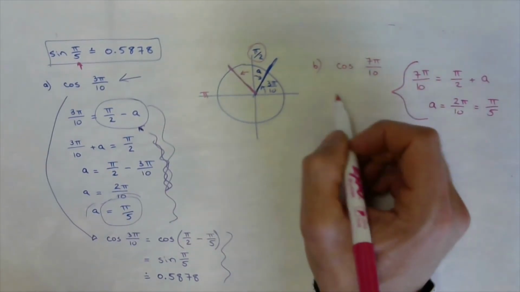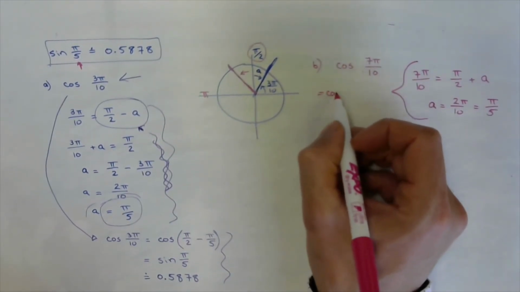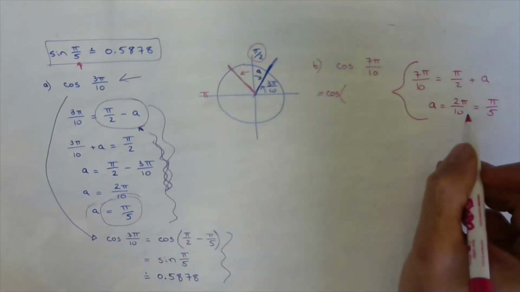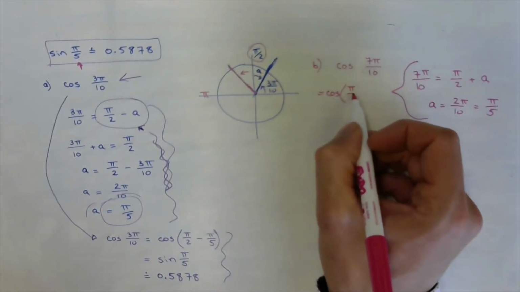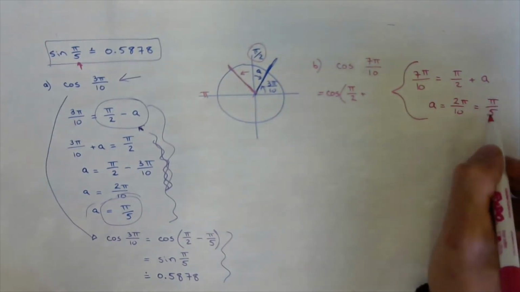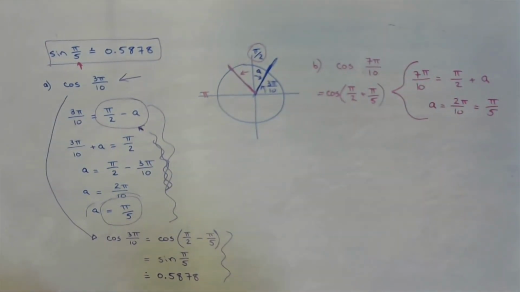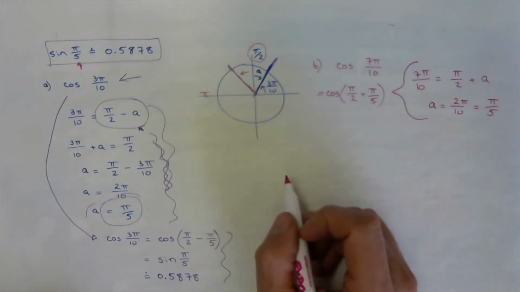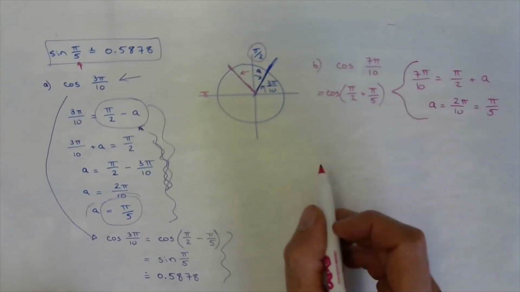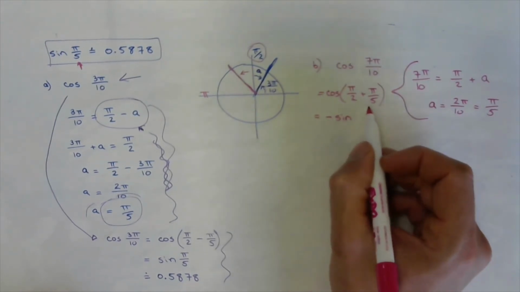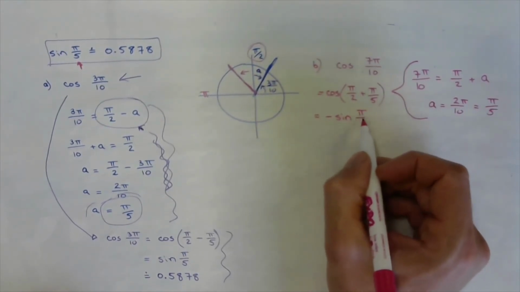Go back into our situation here, and we can rewrite this as the cosine of, instead of 7 pi over 10, pi over 2 plus pi over 5. And we can look to our correlated angles. We find out that the cosine of pi over 2 plus pi over 5 is equal to negative the sine of A, which is pi over 5 here.